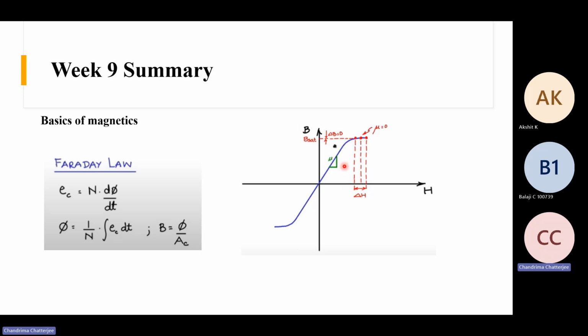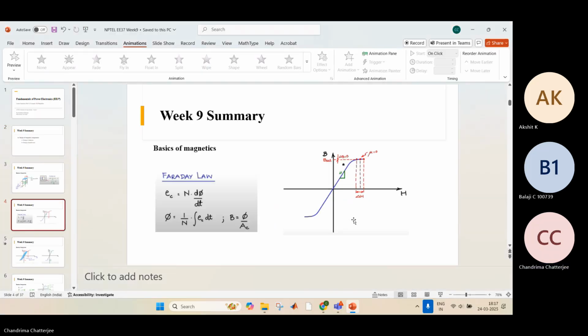And one more important thing is the slope of this curve. This is called mu, the permeability of the core material. I shall write it down.